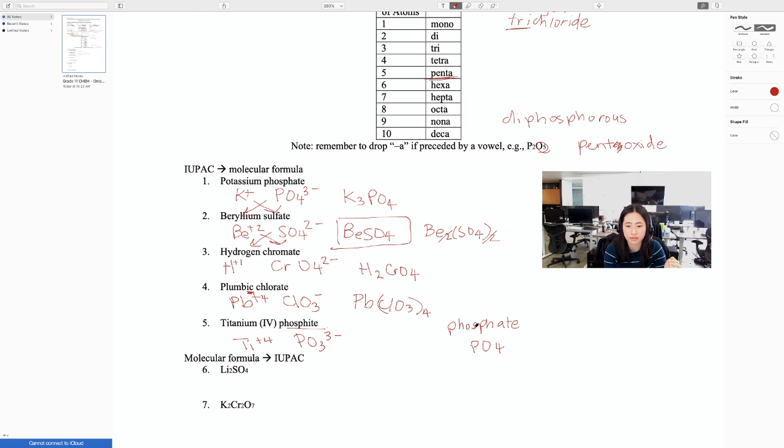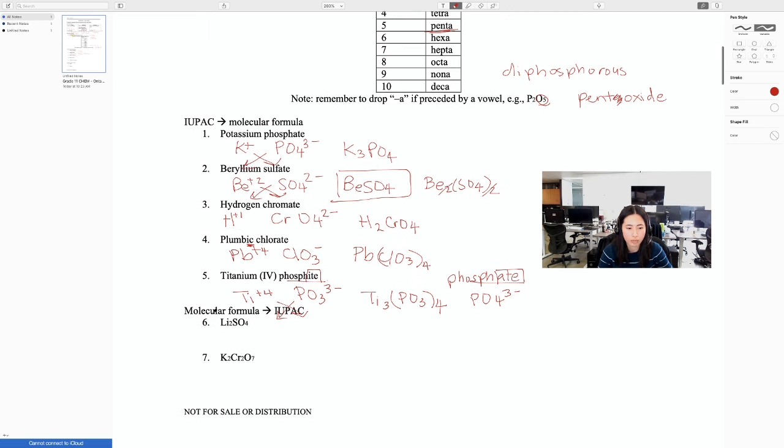So you would have 3- as the charge, or -3. The only difference is if you have a suffix ATE, you would have 4 oxygen atoms. But if it's ITE, you would have to reduce 1 oxygen atom from phosphate. That's why it's PO3, right? So if you crisscross your oxidation numbers, you get Ti3 and, in a parenthesis, PO3, then you would have 4. Because the charge of titanium is +4, that becomes the subscript of PO3. Okay, hopefully that makes sense.